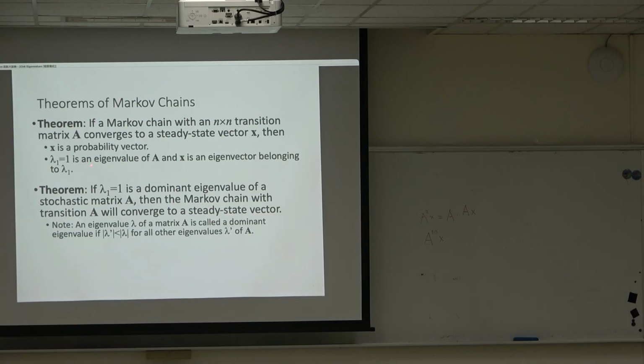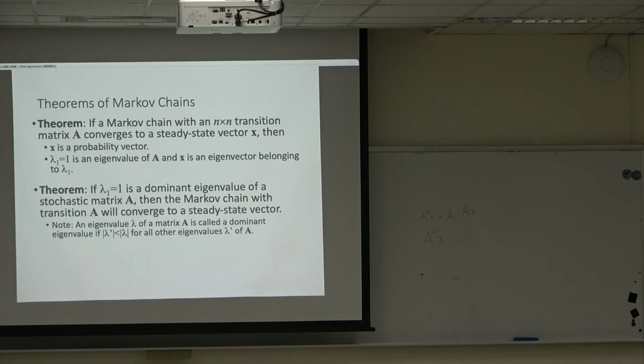So if lambda 1 equal to 1 is the dominant eigenvalue of a stochastic matrix A, then the Markov chain with transition A will converge to a steady state vector.